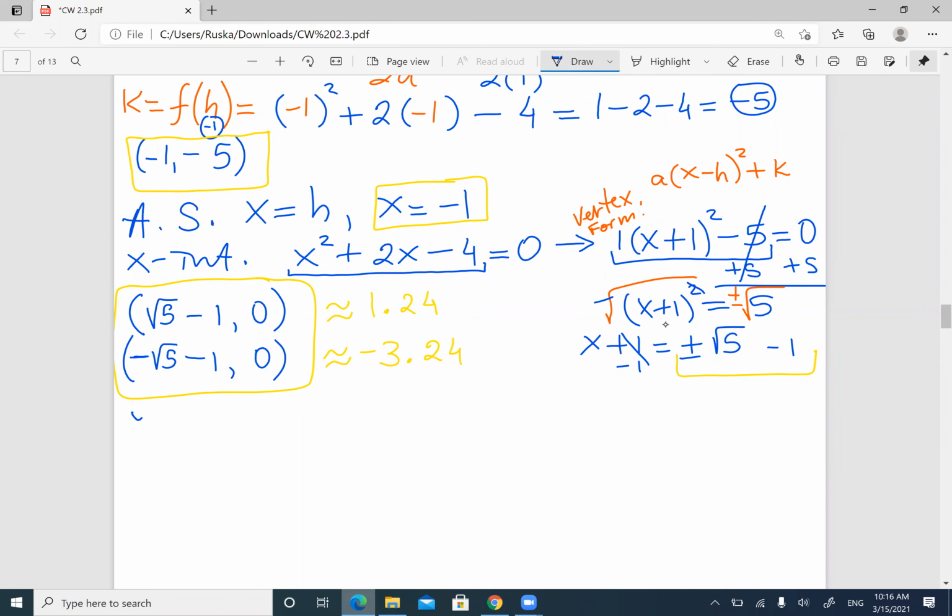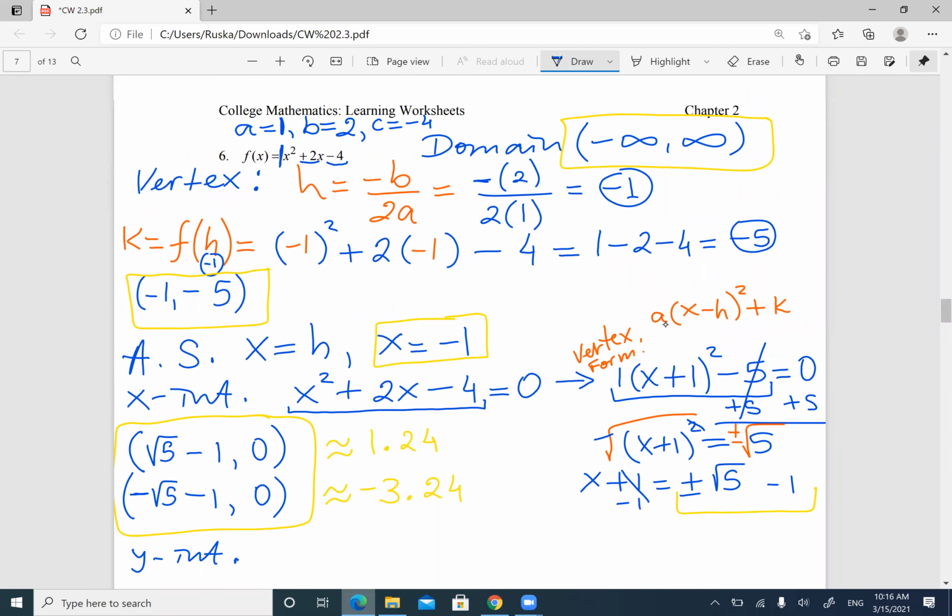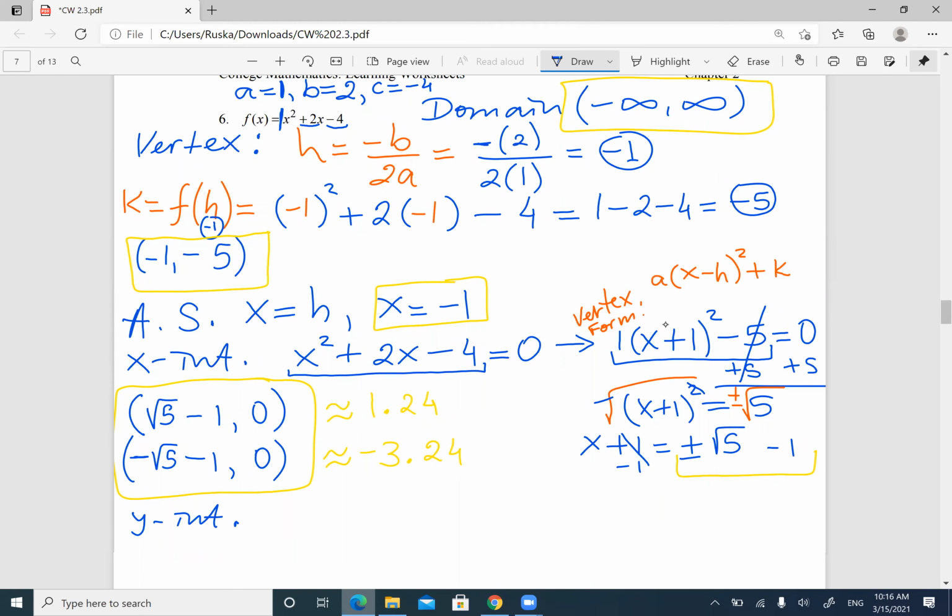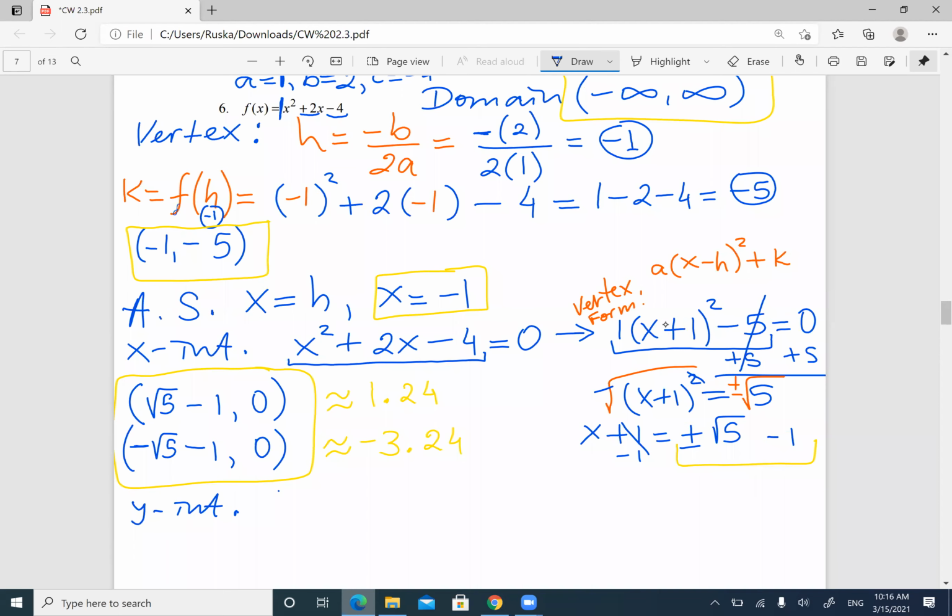So from here, after we find the x-intercepts, we're going to find the y-intercept. The y-intercept is when I replace x with 0, right? I'm going to use the original equation, the standard form, because it's easier to use. So it's going to be f of 0 equals 0 squared plus 2 times 0 minus 4.